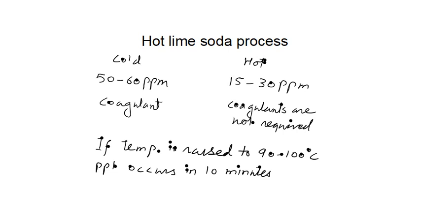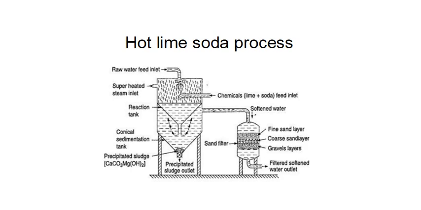We will see a schematic of the hot lime soda process. Here you can see in the diagram exactly the similar tank as you saw in the cold lime soda process. It rests on the pillars and the raw water is fed from top. In a side arm, superheated steam inlet is there.